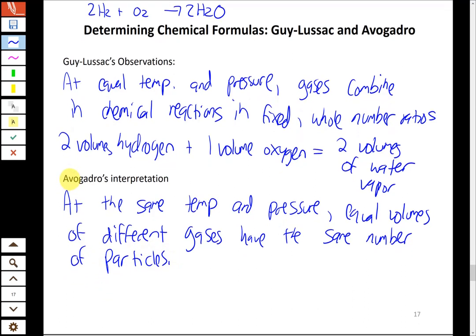And so what that means is that this chemical reaction up here at the macroscopic level, 2 volumes of hydrogen, let's say 2 liters of hydrogen plus 1 liter of oxygen makes 2 liters of water vapor.